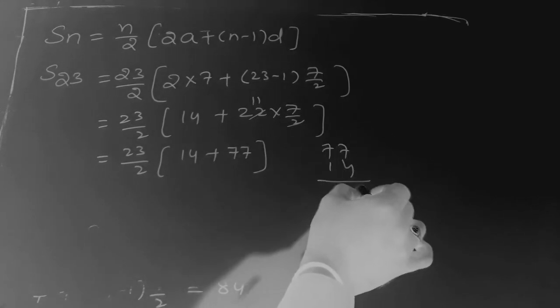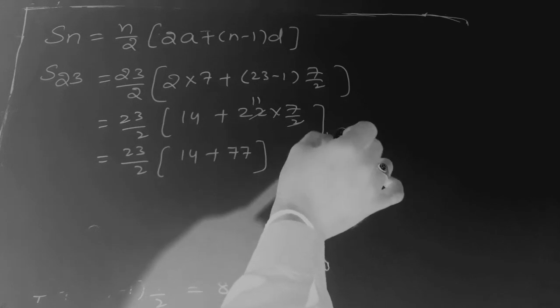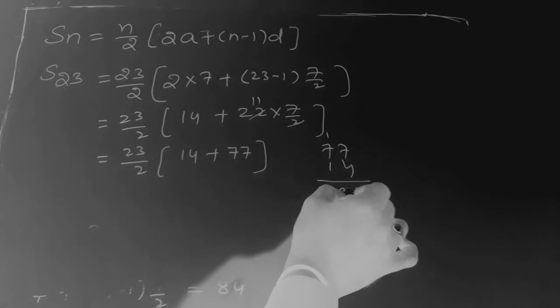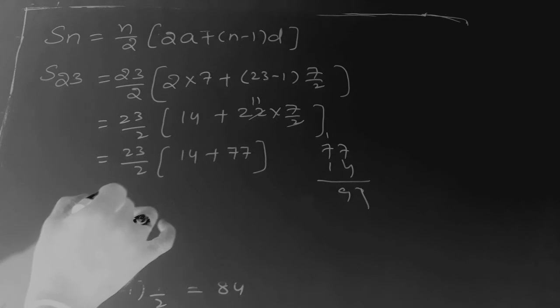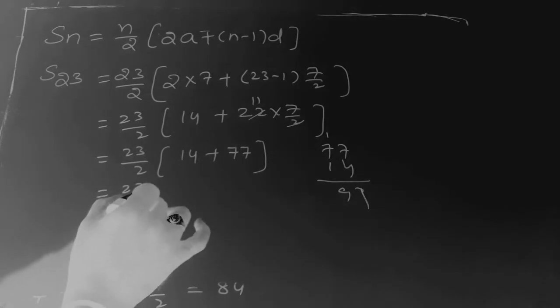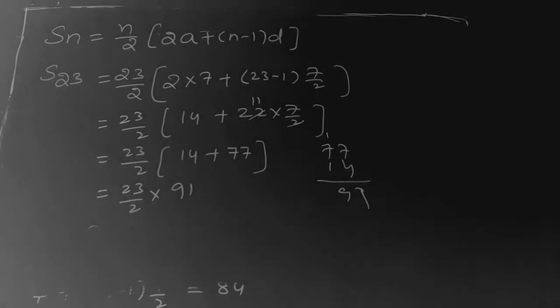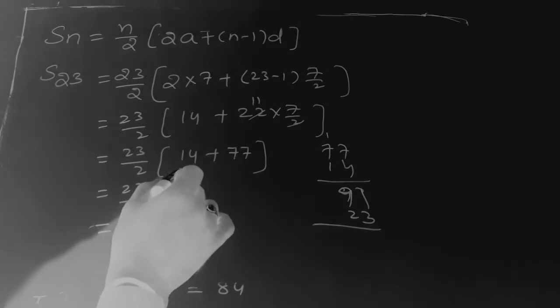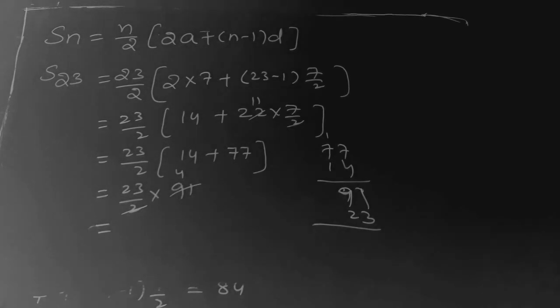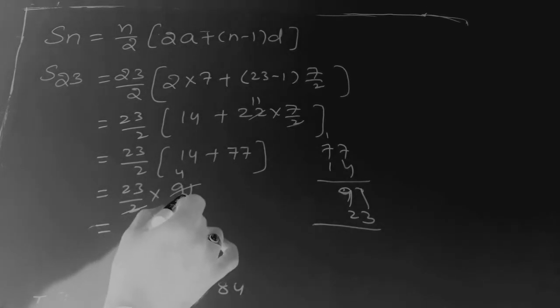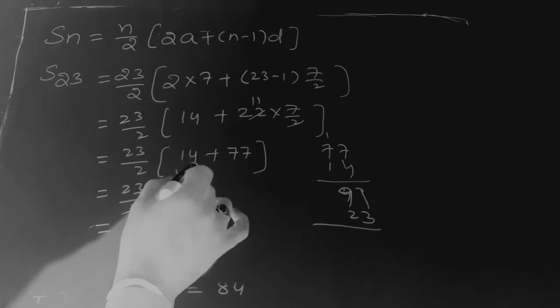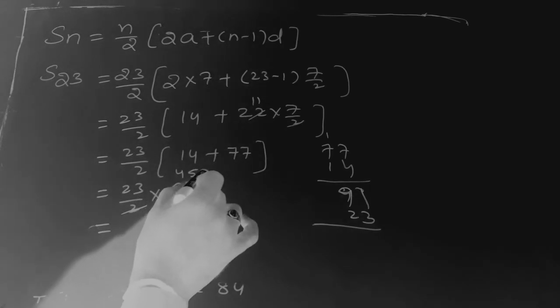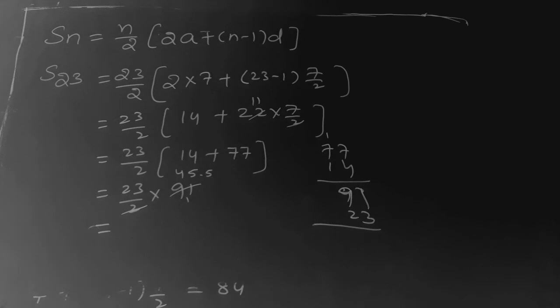This is 1 here. Again this is 1. 91 I am getting. 23 by 2 into the total is 91. So simplify. 2 4s are 8. Okay, 1 is left. 2 5s are 10. Put a dot. 45.5. So 91 by 2 is nothing but 45.5.